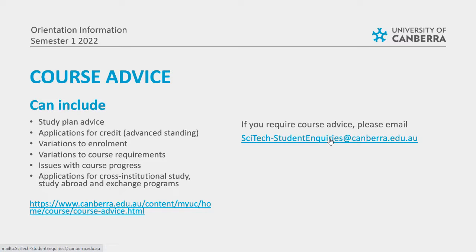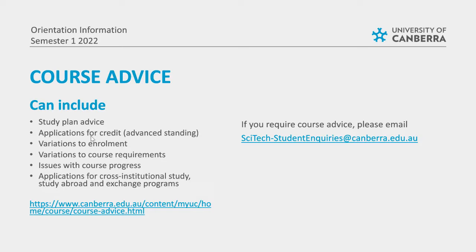If you need any advice regarding your study plan, or if you want to apply for any credit, for example, let's say you have done another degree at another university and you have done some units. Some of them you think are very similar to some of the units that you have now in your course. So you want to make sure whether you can use those credits.